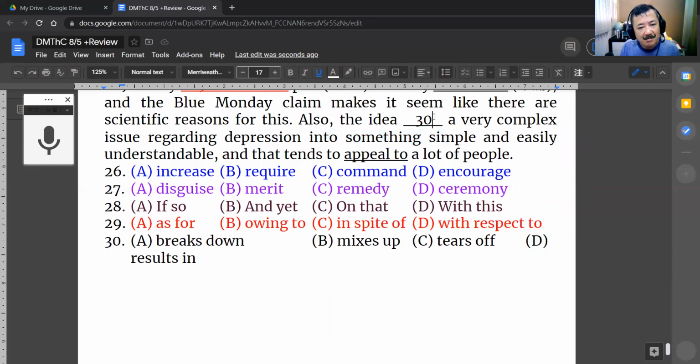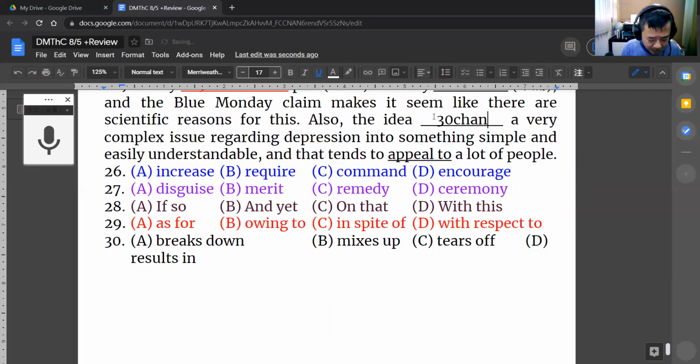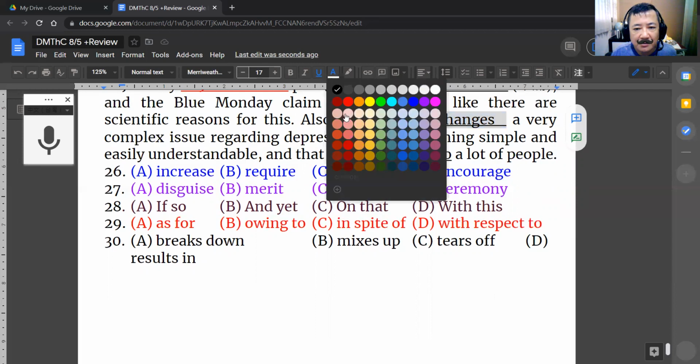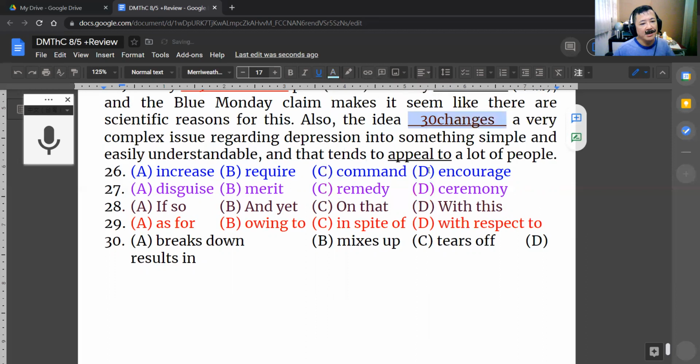Yes, right? 变成, right? Okay, right? It changes, okay? Something like that. Okay, it changes a very complex idea into a very simple idea.